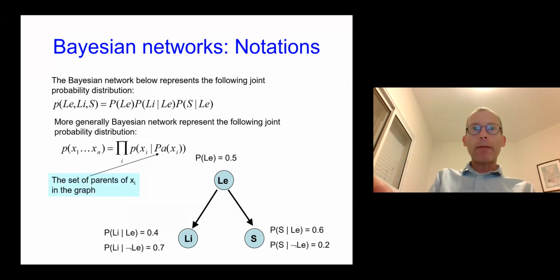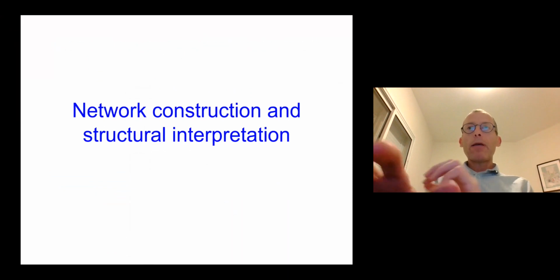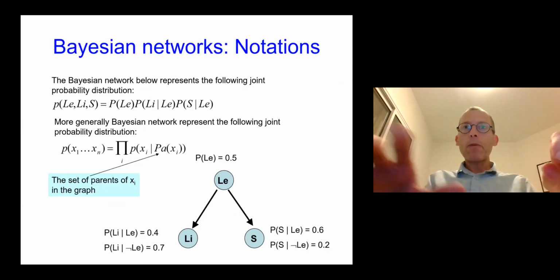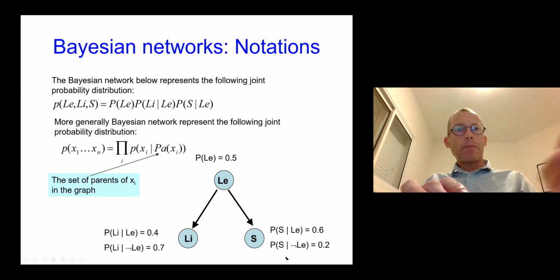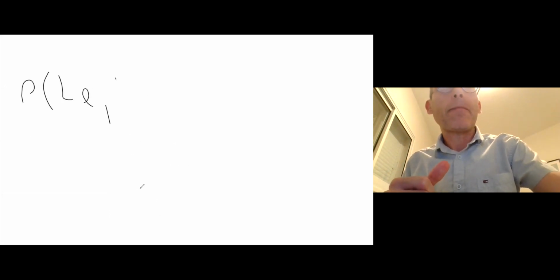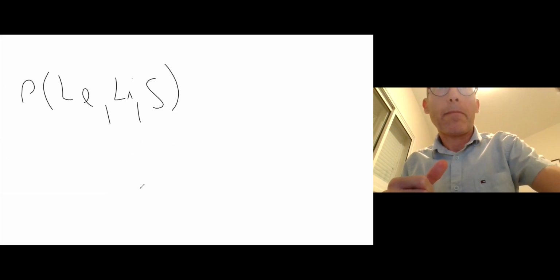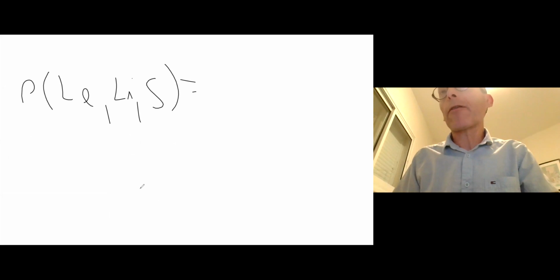And again, this will become clearer; let me explain this in a second. So why is this so useful? Okay, so we know that the joint we can always factor, right?